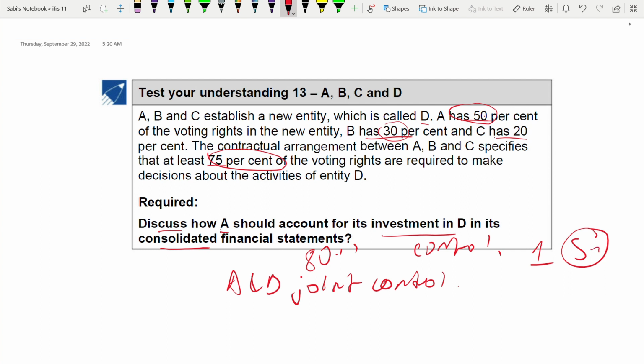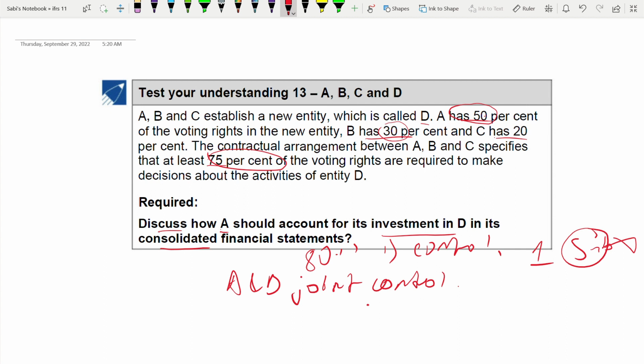First, you have to check this. If it fails here, then comes joint control. If you need 2 or more persons, then it's joint control. To be a subsidiary, only one person should have control. But here, it's not so. So it's a joint control.